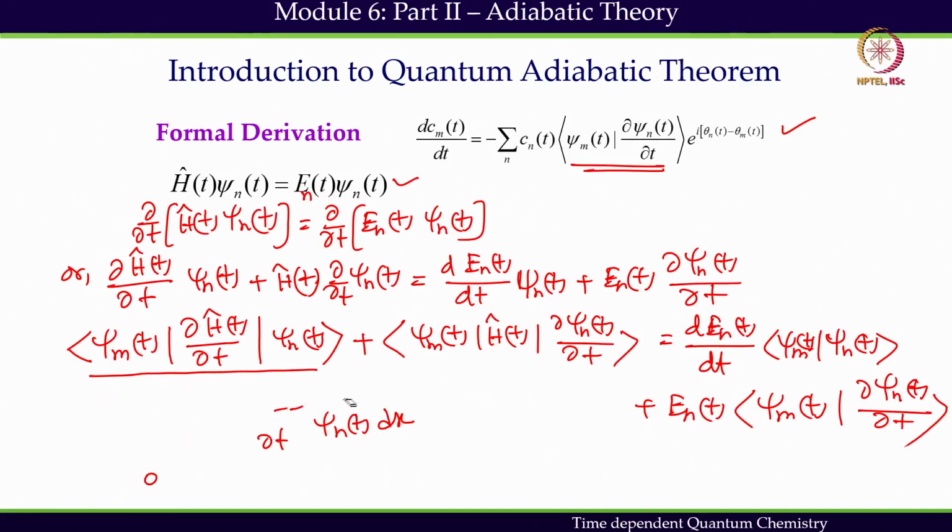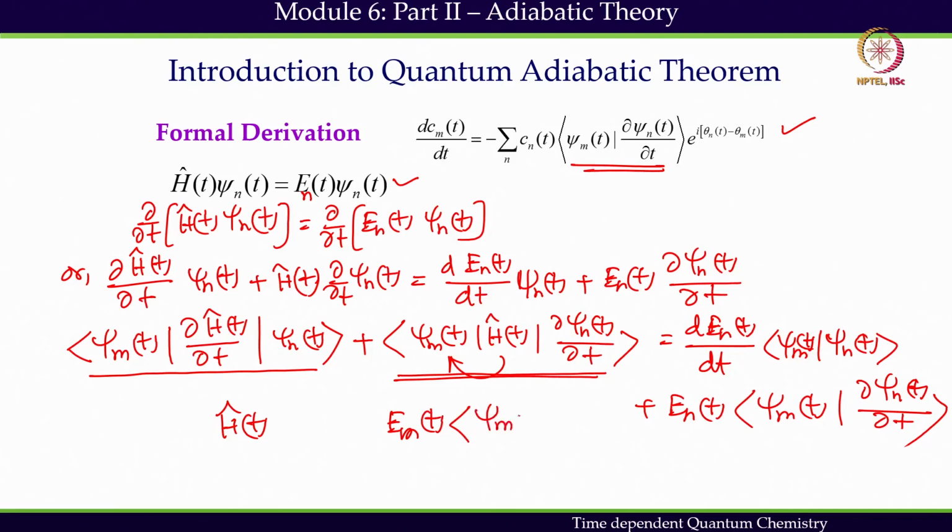So this is the meaning of this Dirac notation. We will go ahead and we'll be able to reduce it, because H is a Hermitian operator. From the property of a Hermitian operator, we know that it can act from the right hand side. So it can actually act on this, and if it is acting on this, then what I get is that this part is nothing but E_m(t), then psi m(t) psi n(t) dt.